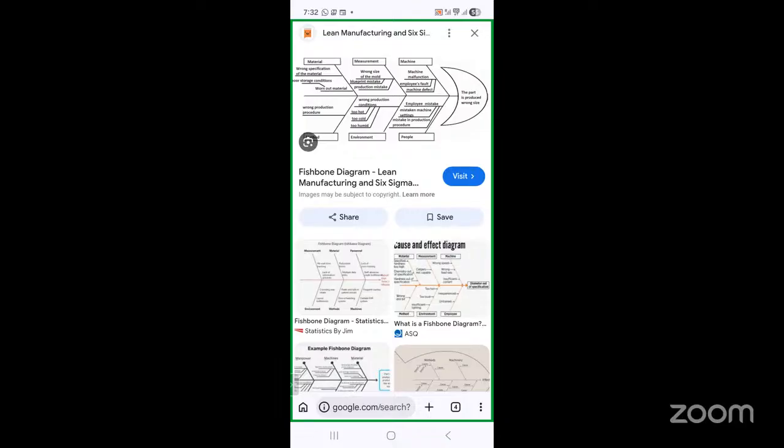Any other cause you have noted in this particular case? Okay, next we can go to the measurement. Any idea about the measurement point of view from this case?